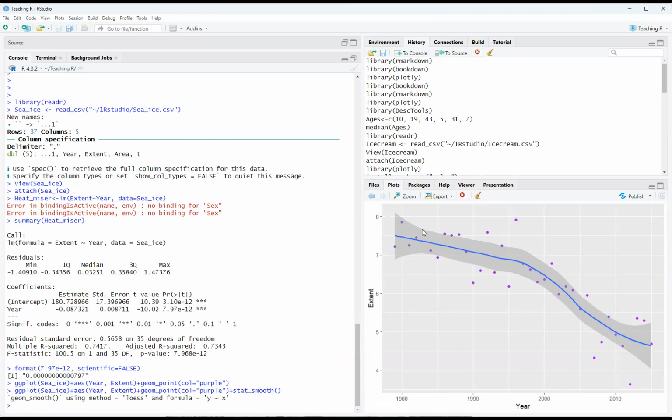This gray color is kind of pushing out towards the line. So this line is called the best fitting line from the OLS model, not robust base. And it goes, ooh, boom, right? So if you want to just make it a straight line, you would put method equals lm and get rid of that.